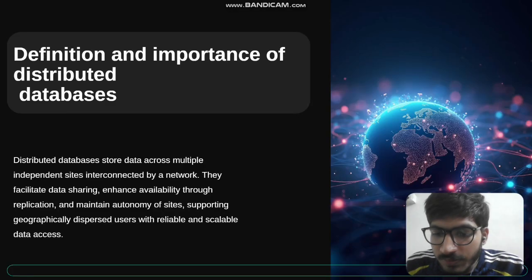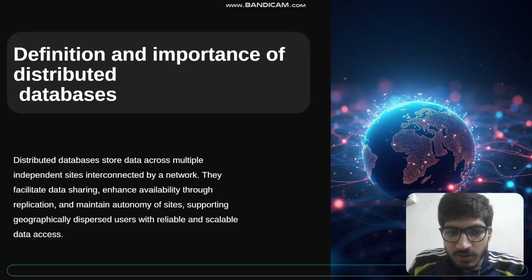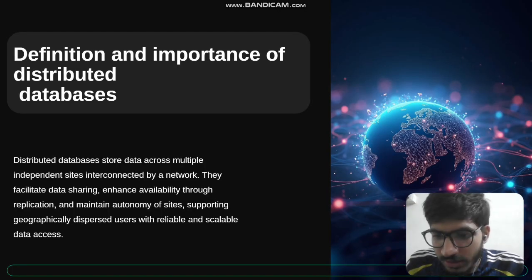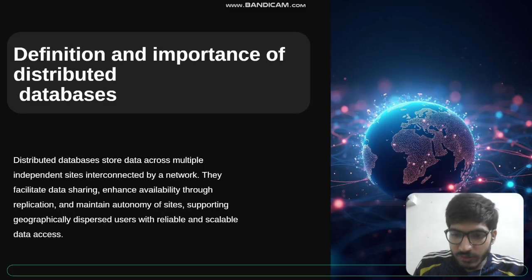But in a distributed database system, instead we store the employee data in each city. The Mumbai database is storing Mumbai employees' data, the Delhi database is storing Delhi employees' data, and the Bangalore database is storing Bangalore employees' data. Still, all three are connected in a network.